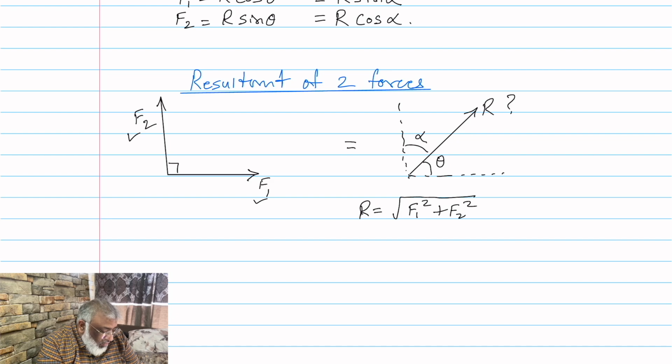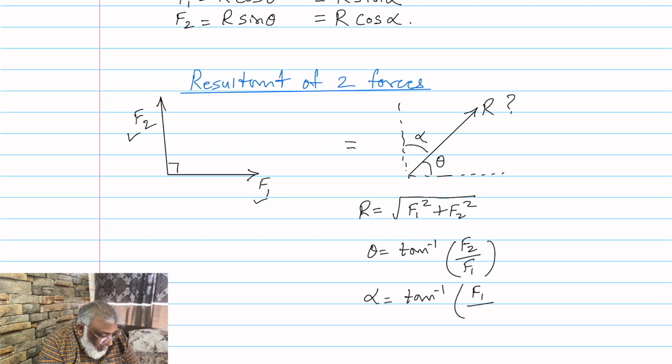This will give you the value of the resultant force, and the angle theta with the horizontal is given as tan inverse of F2 upon F1. Similarly, the angle alpha, that is the angle of the resultant with the vertical reference line, is given as tan inverse of F1 upon F2. We just have to reverse the two forces.